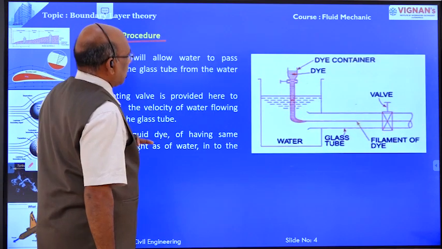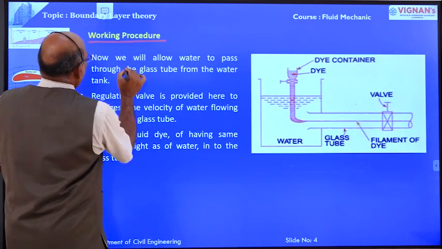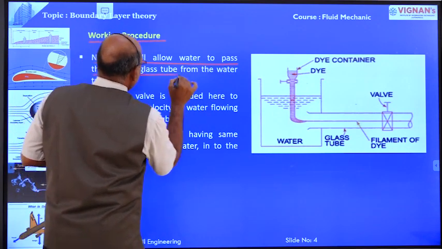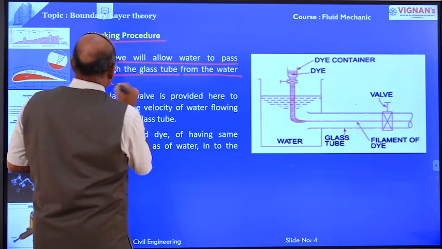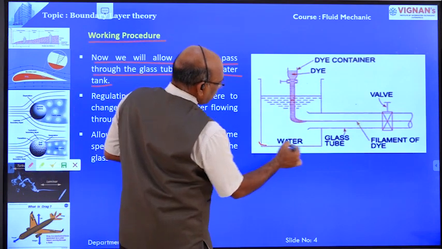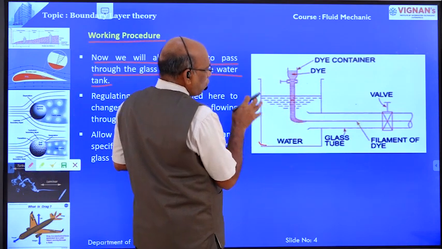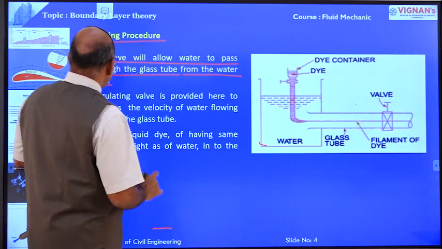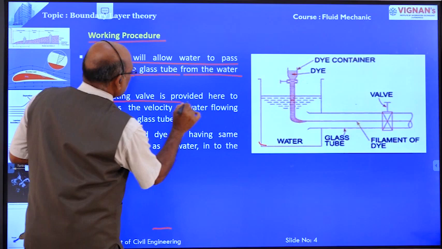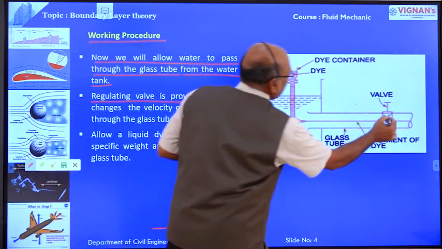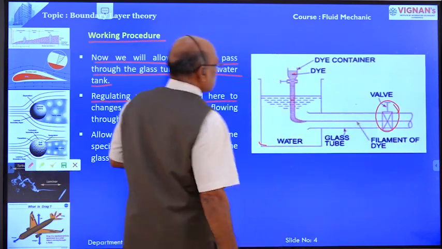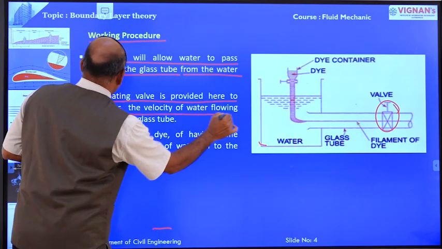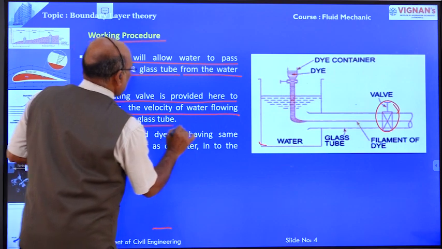Working procedure. First, we allow water to pass through the glass tube from the water tank. A regulating valve is provided here to change the velocity of water flowing through the glass tube.